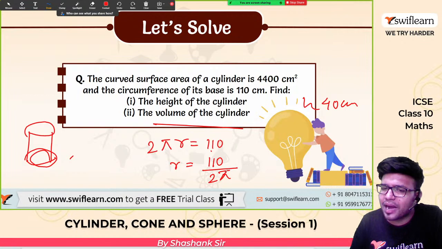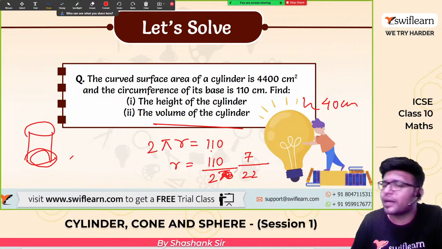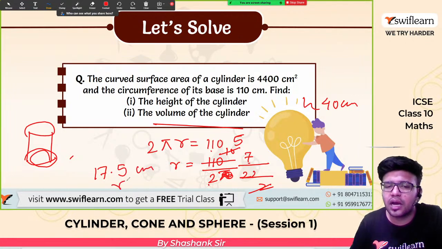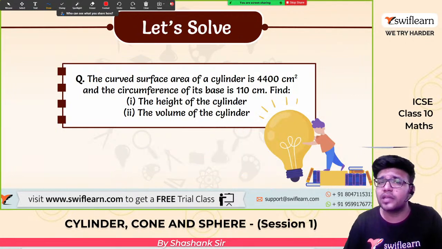Pi is approximately taken as 22 by 7. So 11 twos are 22, 11 tens are 110, 2 ones are 2, 2 fives are 10, 7 fives are 35. 35 by 2 is 17.5 centimeter.